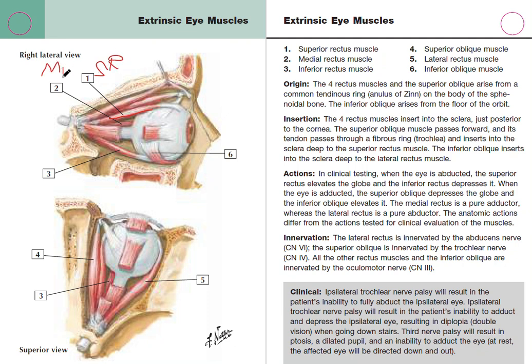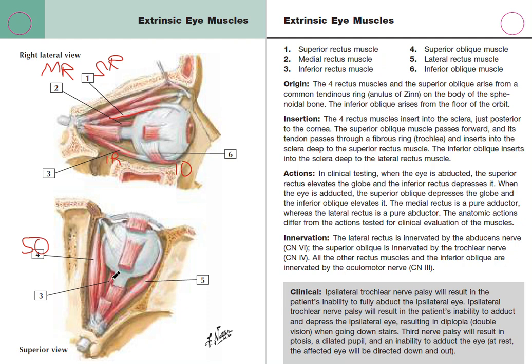Number 3, inferior to the eyeball is the inferior rectus muscle. And number 6 here is the inferior oblique muscle. A superior view reveals the superior oblique muscle over here.